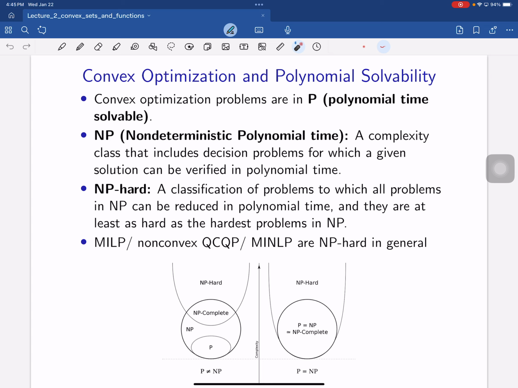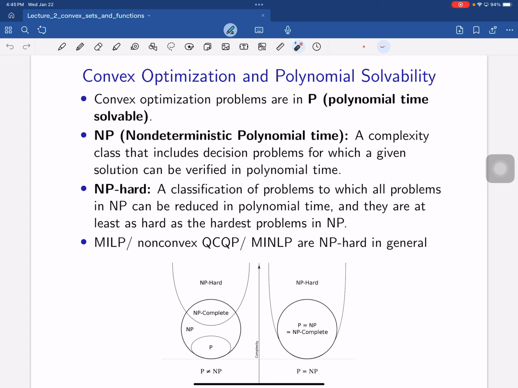It's not exponential. Intuitively, it's a polynomial function rather than an exponential function. Asymptotically, as n and m grow larger, an exponential function will always outgrow a polynomial function. That's the intuition behind it.